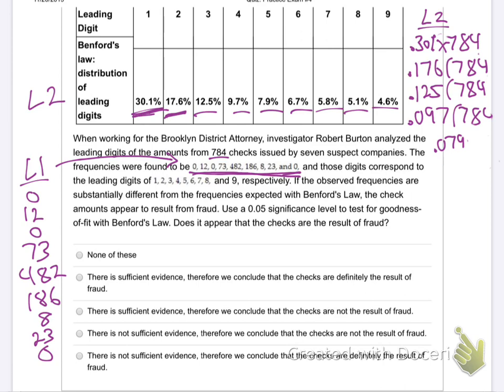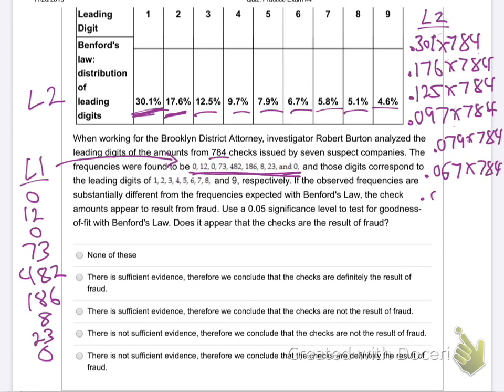It's just multiply. Just times 784, times 784, times 784, times 784. Just right on down the list. All of them in L1 and L2.